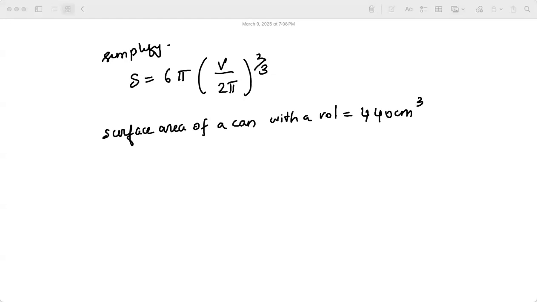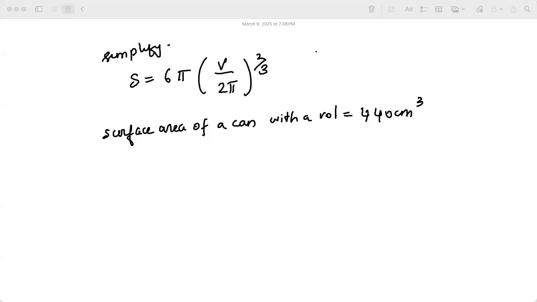Okay. Can you guys do it? Can you take it on yourself? I want to solve 1 or 2 radical equations as well. I'll ask the geometry kids to wait, please. That way we conclude properly before the break. Simplify 6 pi times V over 2 pi, whole power of 2/3. Now, this S stands for surface area, V stands for volume.